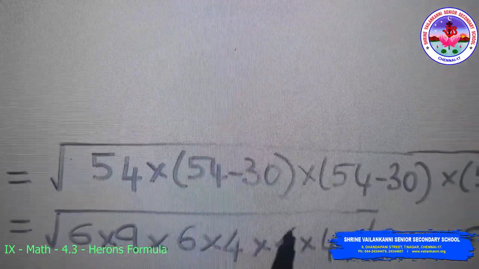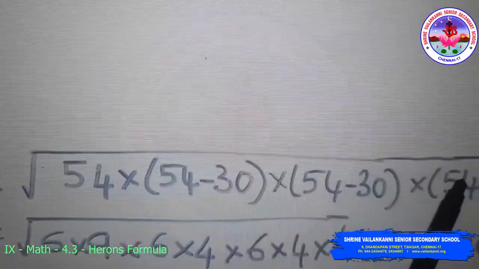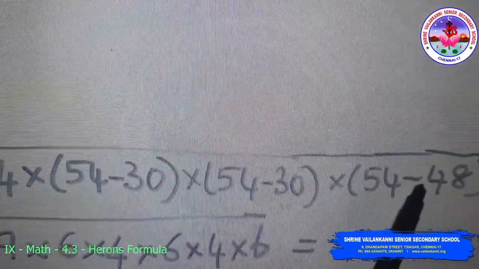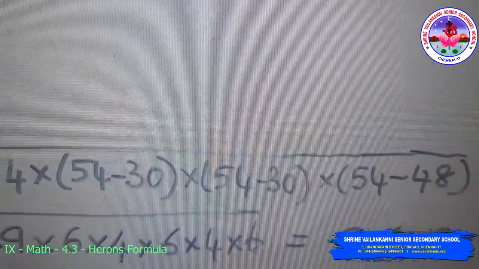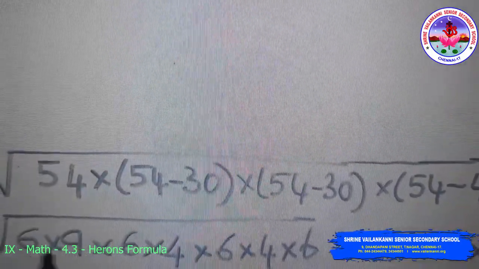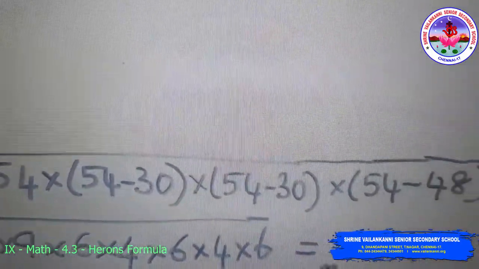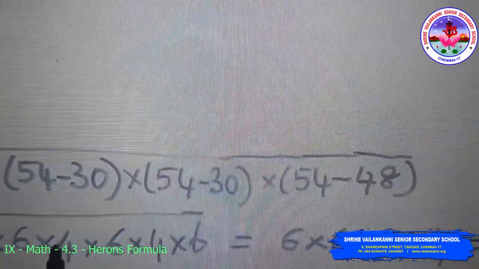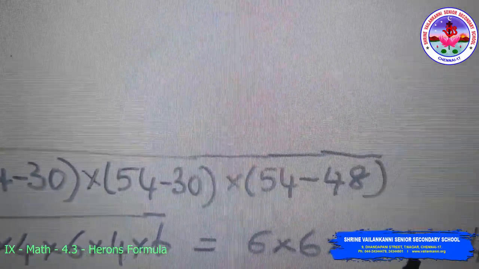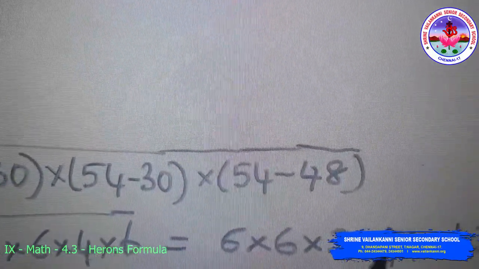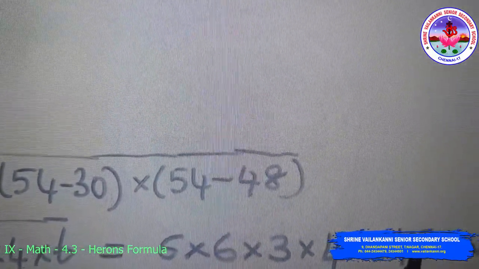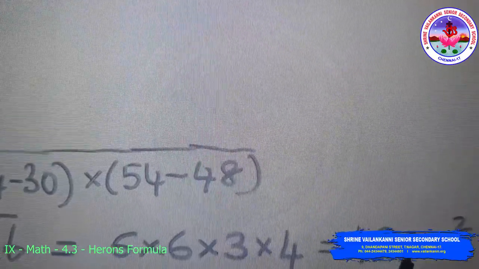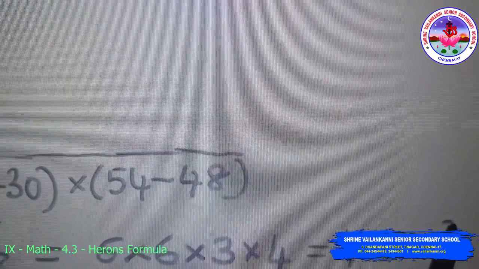Similarly here I am splitting as 6 into 4. Where 54 minus 48, I will get 6, I am writing 6 as it is. Since 6 occurs in pair, I am taking 6 outside, and from square root of 9 we get 3, and 4 occurs in pair, so I am taking 2 outside the square root. If I multiply all these numbers, I will get the area of the triangle as 432 meter square.